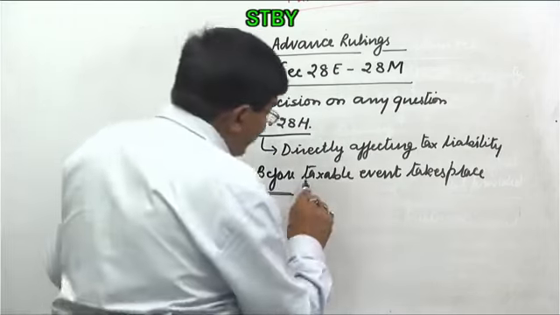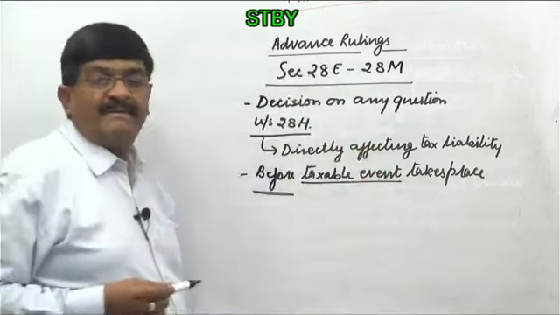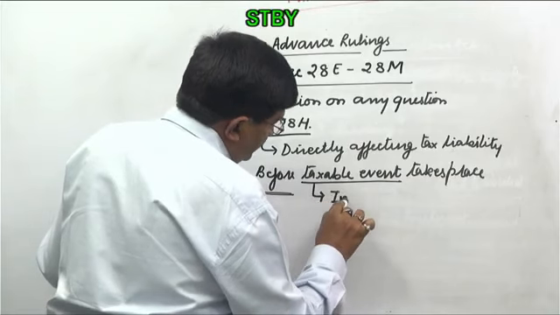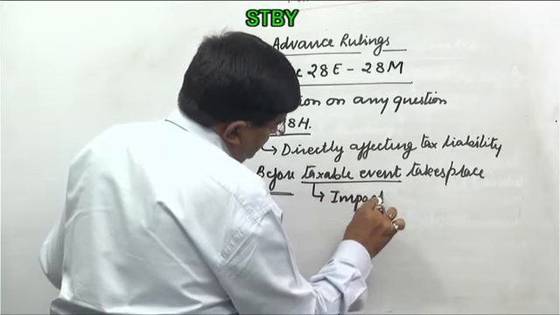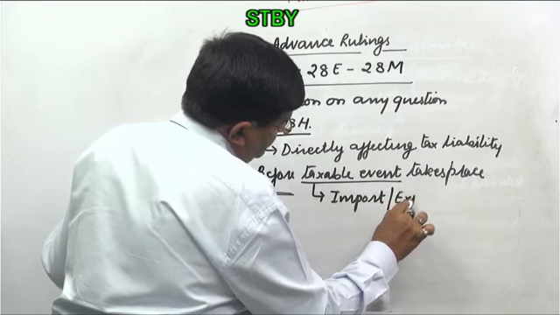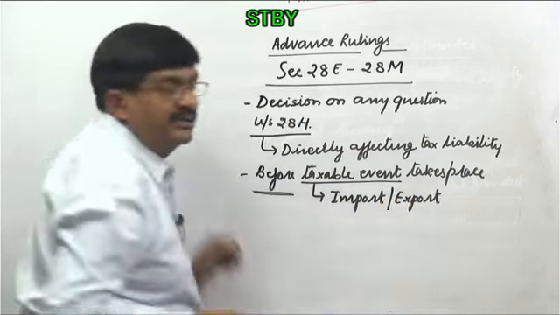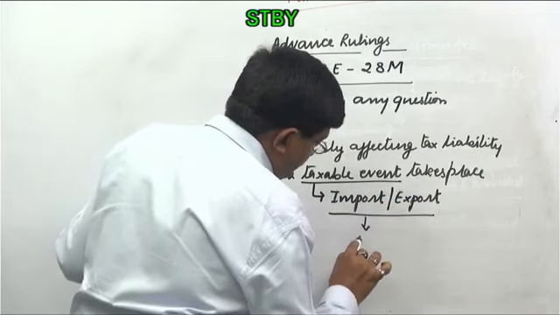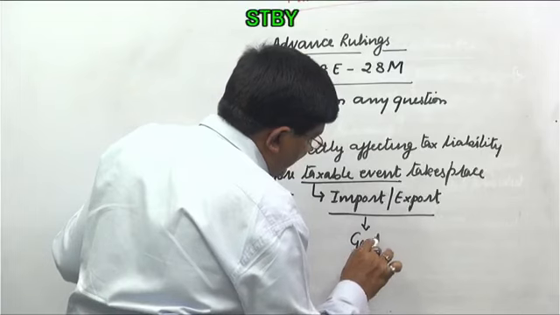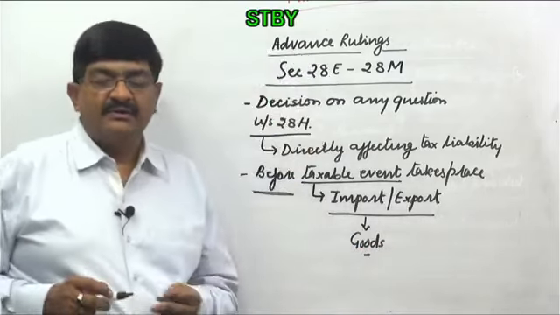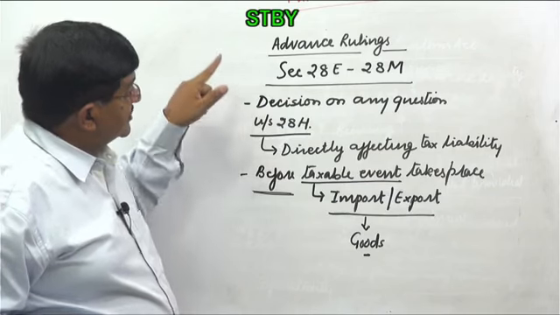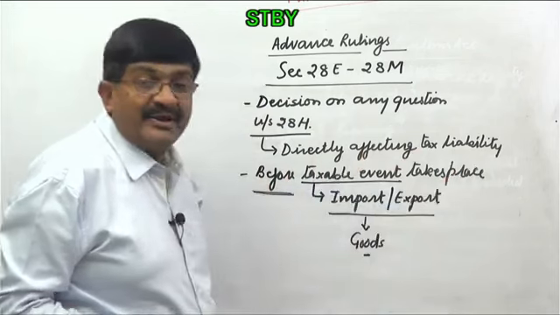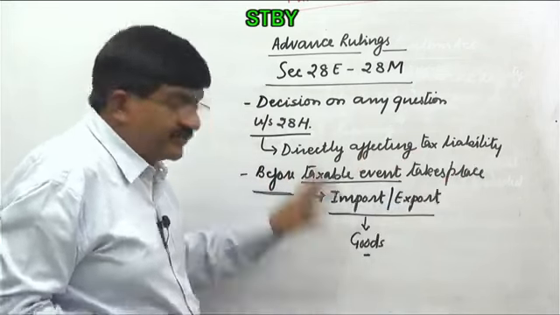Now what is taxable event for the purpose of customs? For the purpose of customs, the taxable event is import, export, right? And that too only goods. Customs Act doesn't deal with services. Right. So now you understand this. There's a decision on any question which is directly affecting the tax liability relating to import and export of goods.